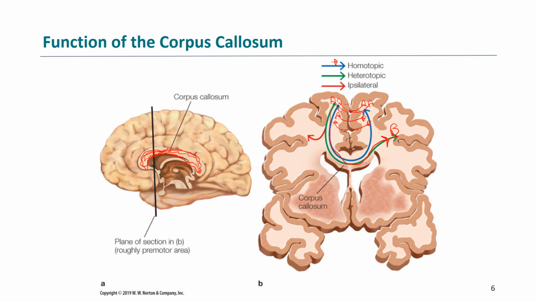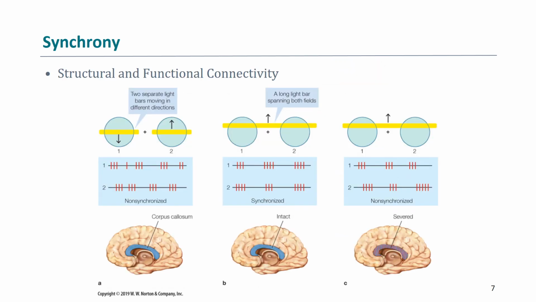The red connects ipsilateral, meaning the same half, so area A to area C on the same side. Homotopic would be area A from right to area A from left. Heterotopic would be from area A on the right to area B in a different place on the left side of the cerebral cortex.